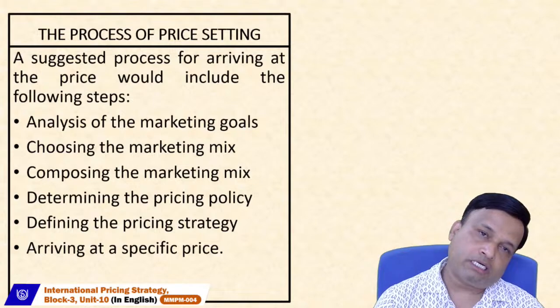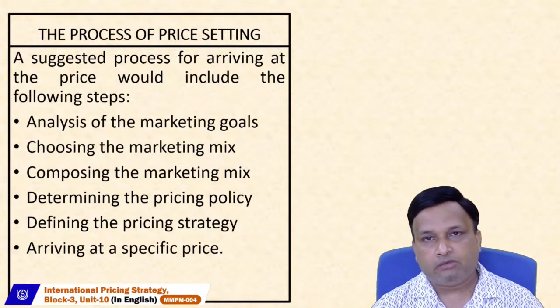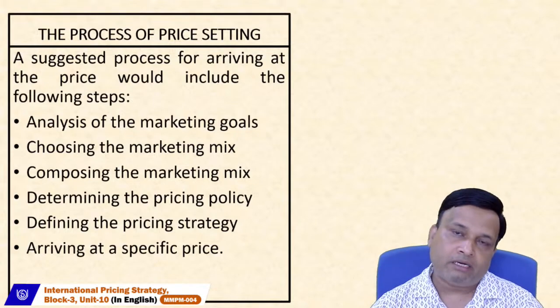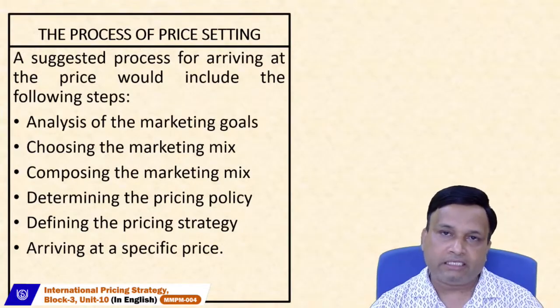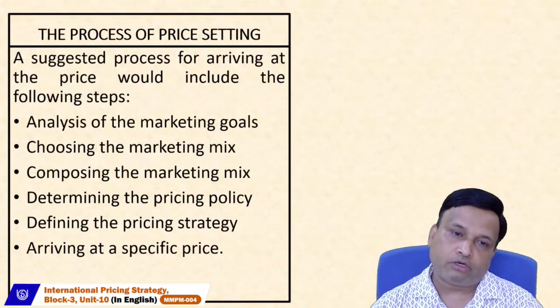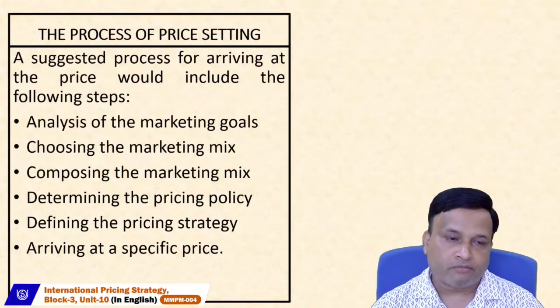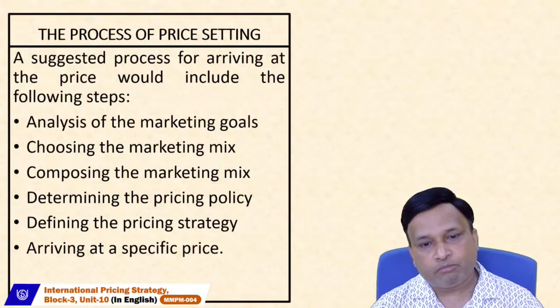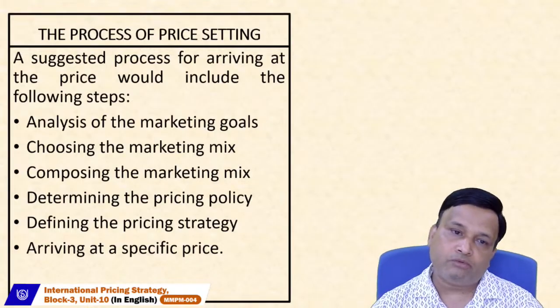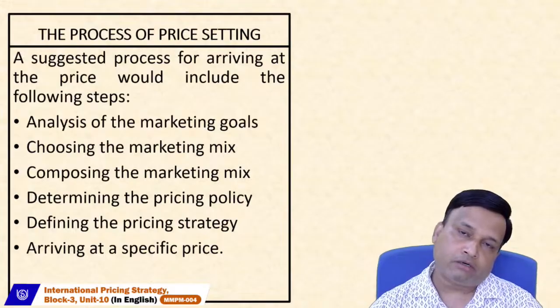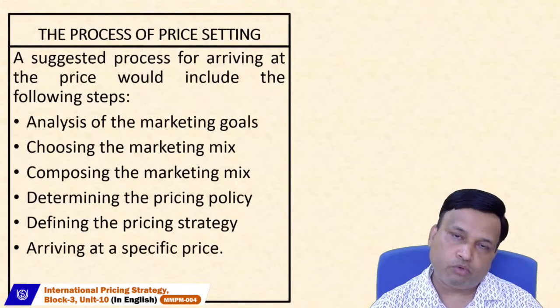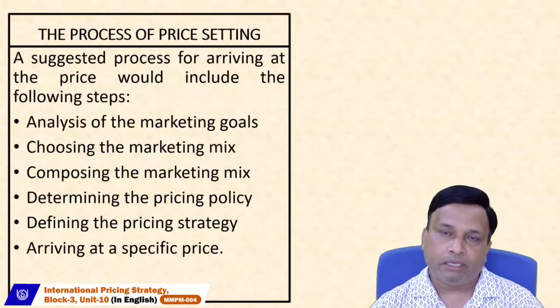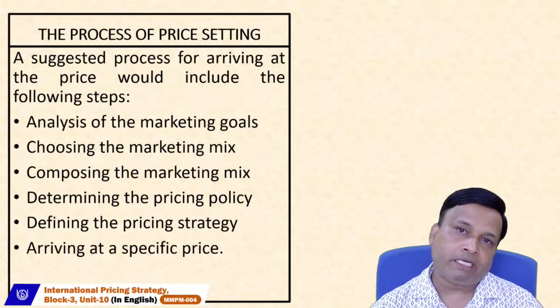As we discussed in the previous sessions, you have the option of standardization pricing and the option of adaptation pricing. Adaptation and standardization strategies can be adopted as far as the composition of the marketing mix is concerned. When you talk about determining the pricing policy, if you want to have control over the market, then you have to go with discount offers and also provide a lot of rebates, so that people make it a habit to purchase the product.